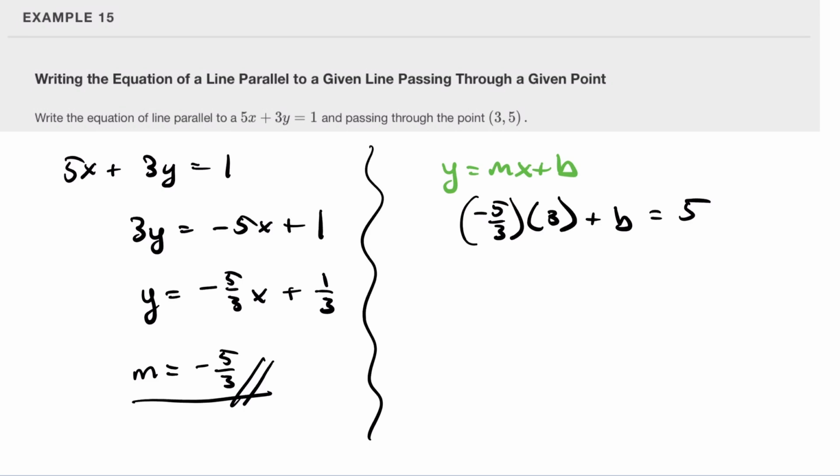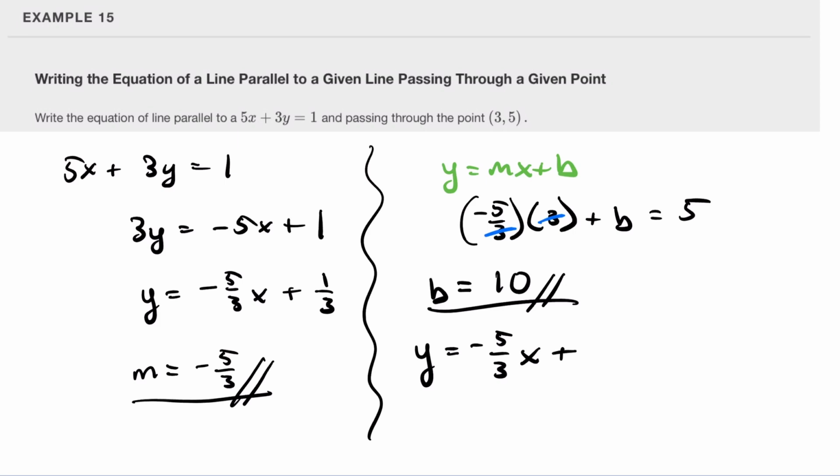Again, the 3 and the 5 came from the given point of 3, 5. So then we'll get that b equals, notice that these 3's cancel, so we add 5 to both sides and we get 10. It looks like our y-intercept is 10. So then the equation of the line should be y equals negative 5 by 3 x plus 10.